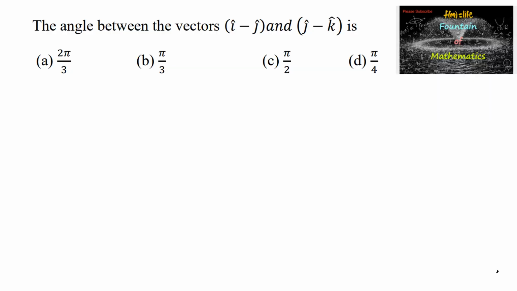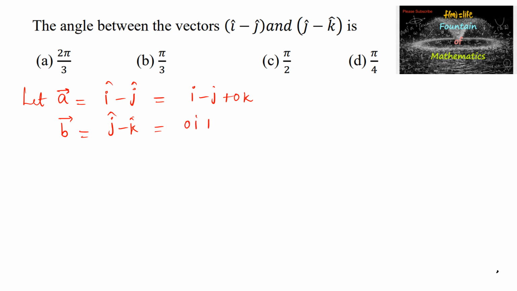The angle between the vectors i minus j and j minus k. So let us consider vector A is equal to i minus j, which we can also write as i minus j plus 0k, and vector B is equal to j minus k, which is equal to 0i plus j minus k, where i, j, k are the unit vectors along the directions of x, y, z respectively.